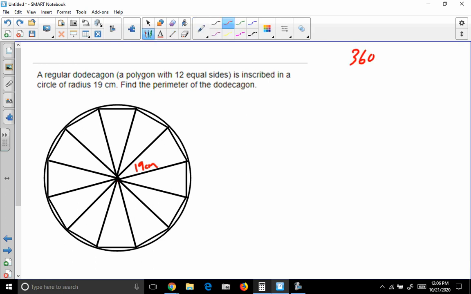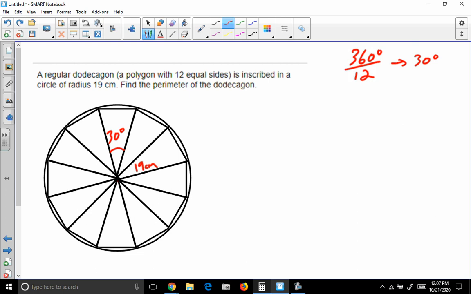Well, if there are 360 degrees in a complete rotation, and we divide that by 12, then that angle of each of those triangles is 30 degrees. So that's going to be true for all of them.